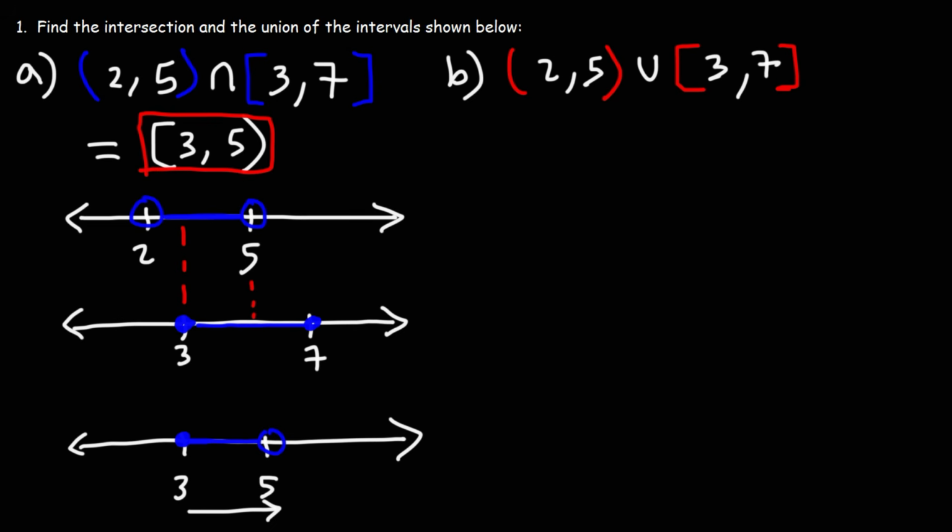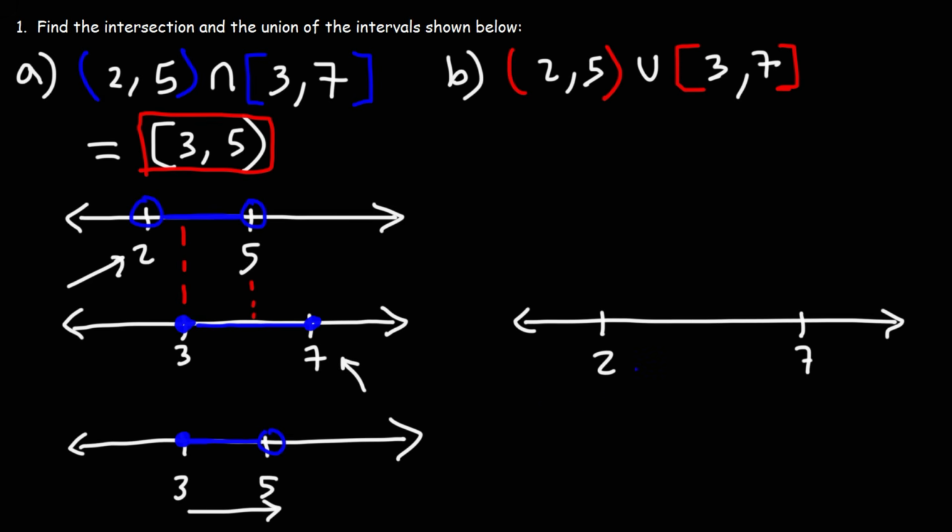Now for part B, we want to find the union of the two intervals. So basically we want to combine these two together. So it starts at 2 and it ends at 7. This is the beginning, this is the end.